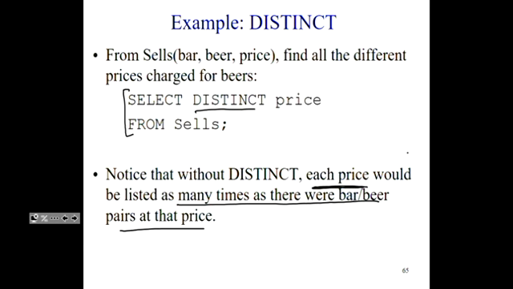So if, let's say, $5 is a very common price for a beer, that would be listed as many times as there are bar, beer pairs with that price. And so often distinct is useful to collapse these tuples down and only give you the distinct values.